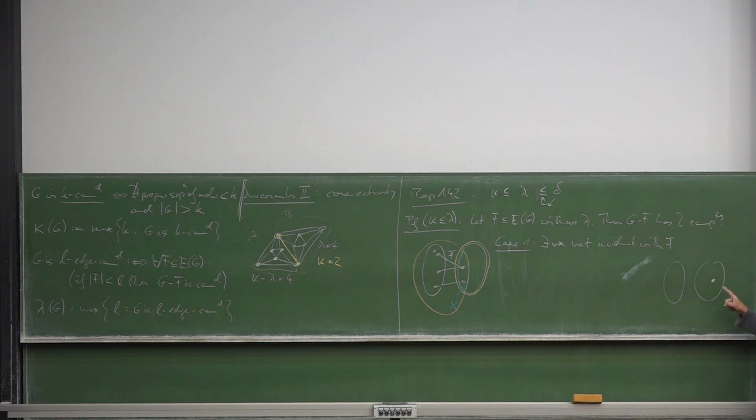This vertex that we started with isn't one of these components, and then this vertex is separated by these edges from those vertices.